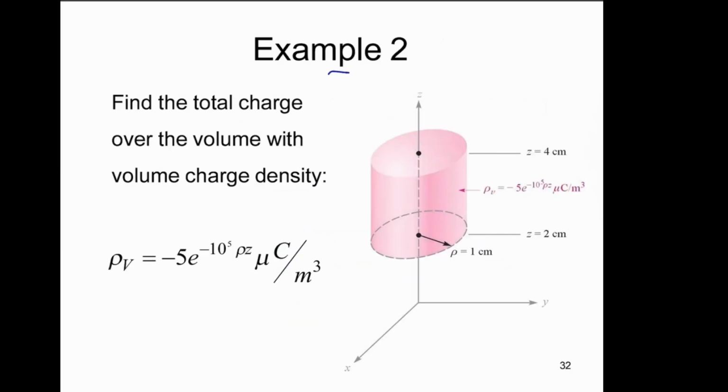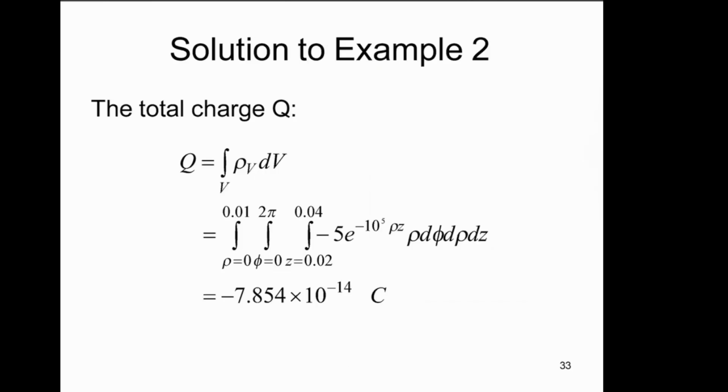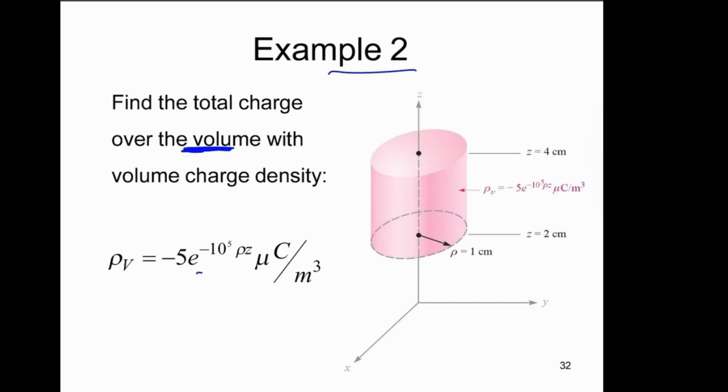Example number 2, find the total charge over the volume. We deal with volume. Rho V equal to 5e to the power of minus 10 to the power 5 rho Z micro coulomb per meter squared. We just substitute. We did learn about the volume of the cylinder.